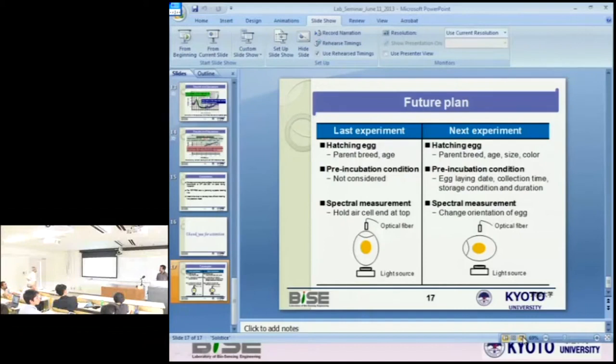How do you decide? Still, I did not decide how much distance we will keep. We will make one trial here and then decide this distance between the optical fiber and light source.